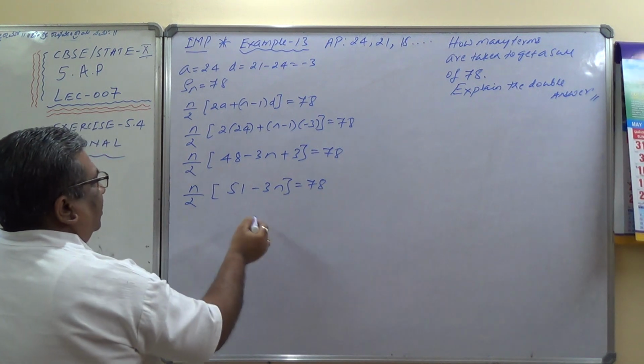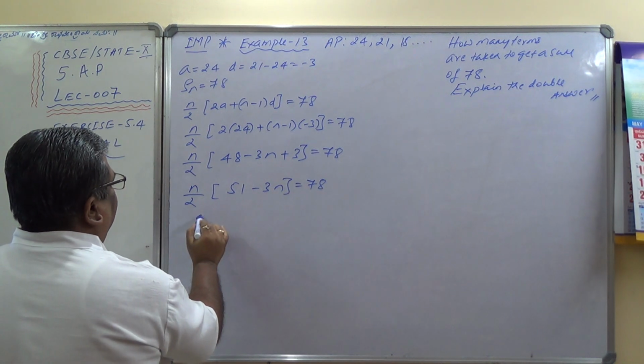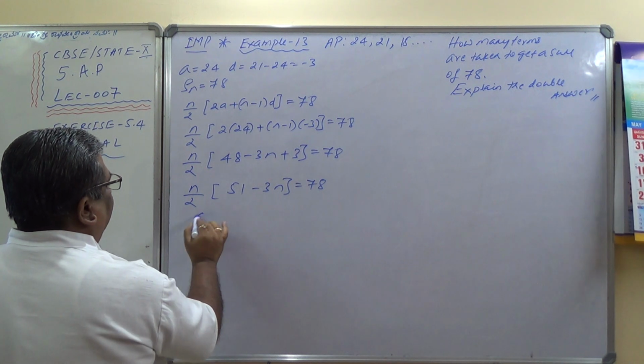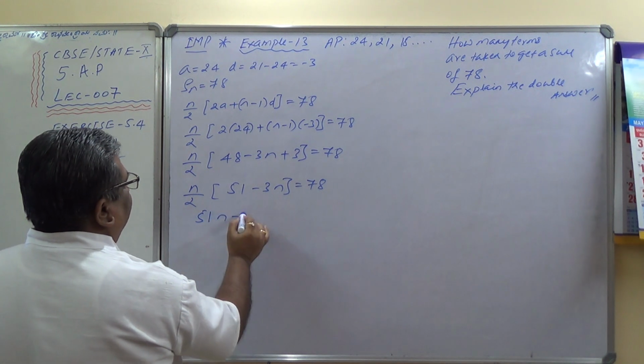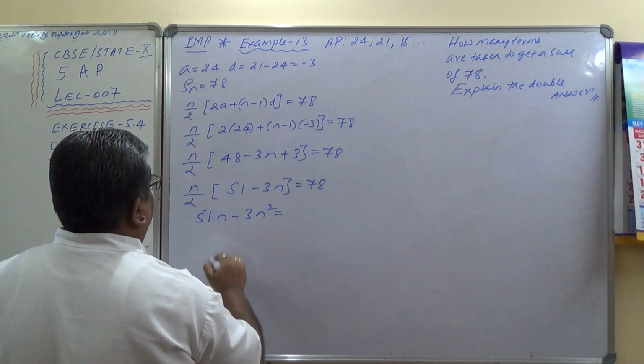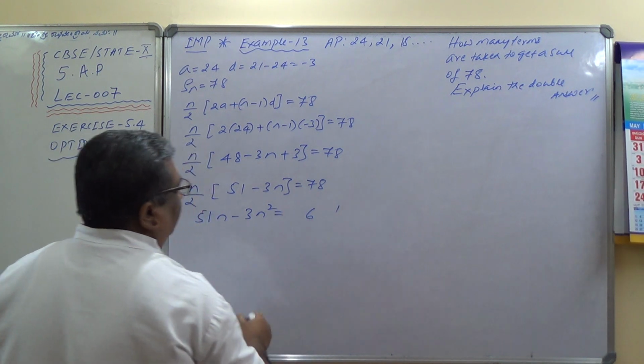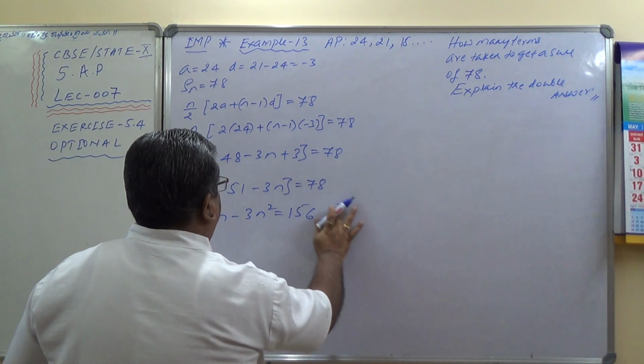2 goes that side, I'll take that side. 51n minus 3n square equals 156.